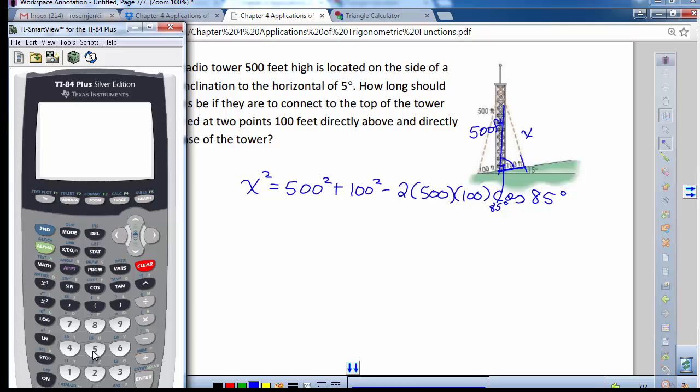Or it would be the square root of 500 squared plus 100 squared minus 2 times 500 times 100 cosine 85 degrees.